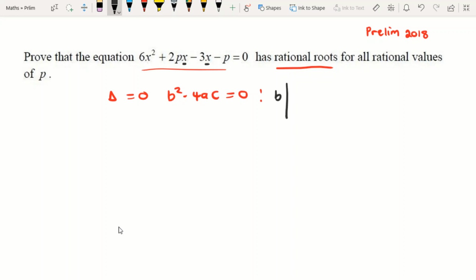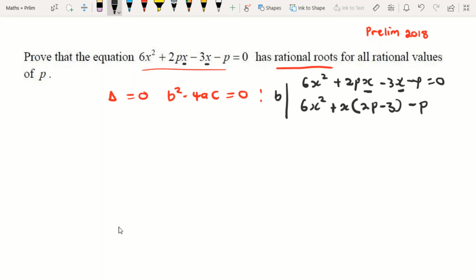So what you're going to do is we have 6x squared plus 2px minus 3x minus p is equal to 0. To sort this out, we just need to factorize it. Take it out, so it's 6x squared plus x into 2p minus 3, minus p is equal to 0.